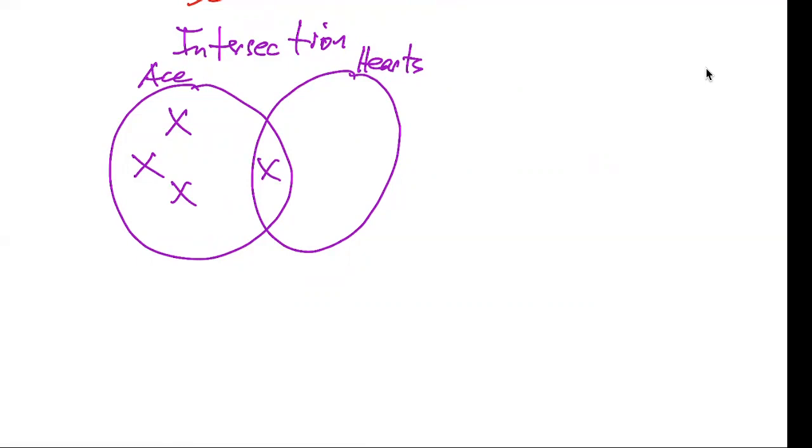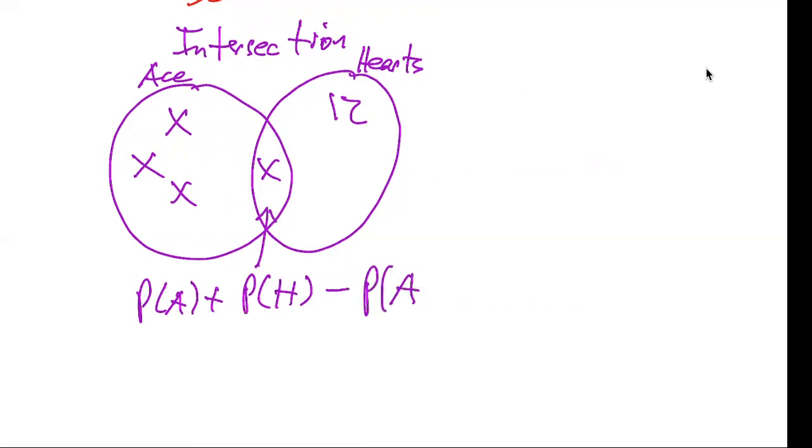And then out here in hearts, we have 12 more hearts. The 13th is in the middle. So when we did probability of ace plus probability of hearts, that got counted twice. So we have to subtract out the intersection. That's the upside down kind of U, which I think I can make a little prettier. That means intersection. So that leads us into section 4.2.